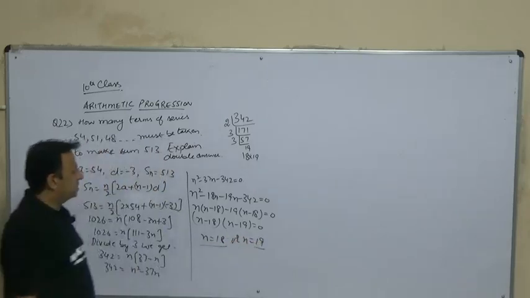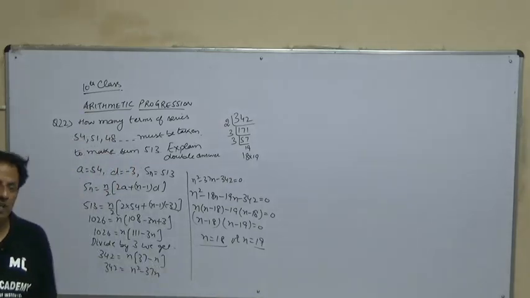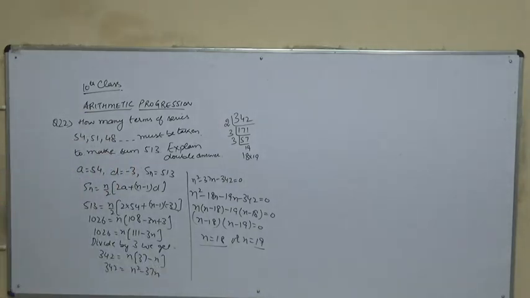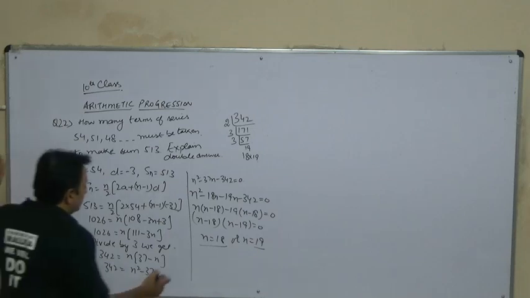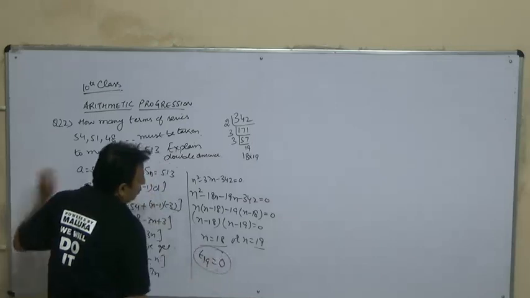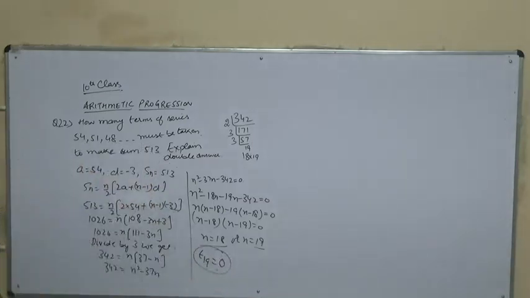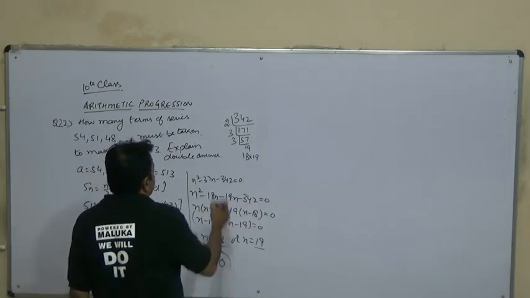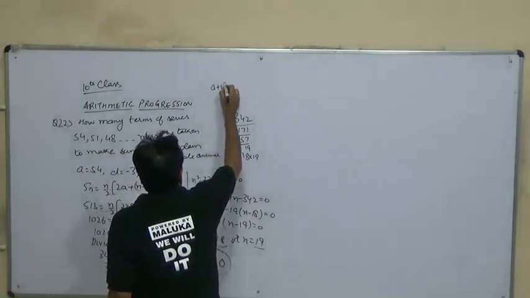So this means when the number of terms is 18 or when the number of terms is 19, then the sum will be equal to 513. What does this mean? T19 is equal to 0. So the explanation for the double answer is that the 19th term will be 0. The 19th term is given by a plus 18d.